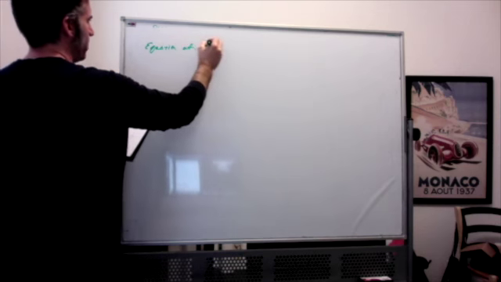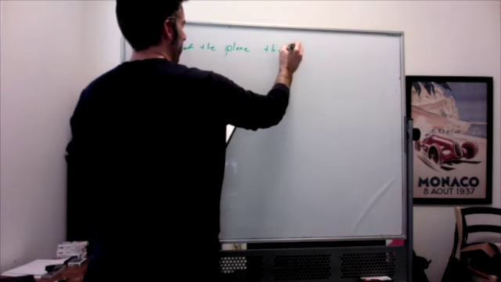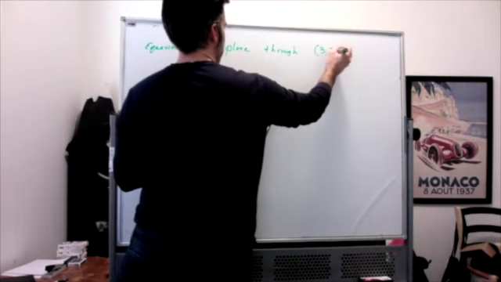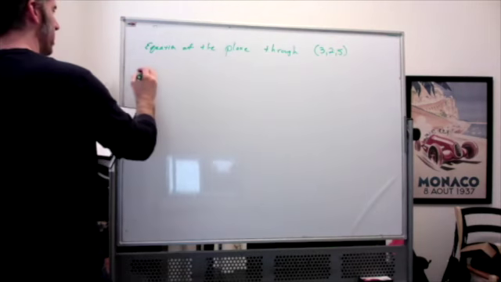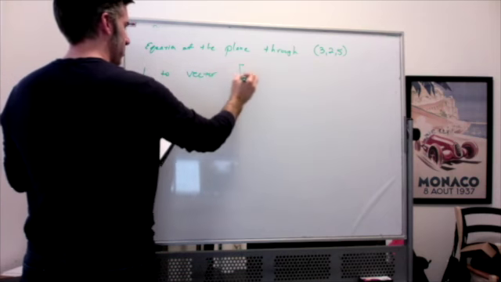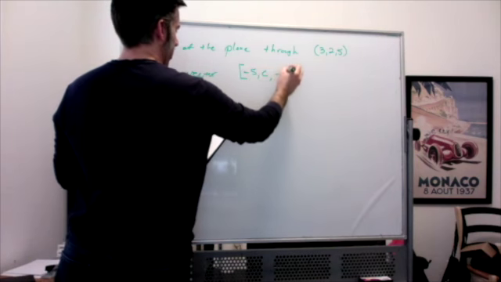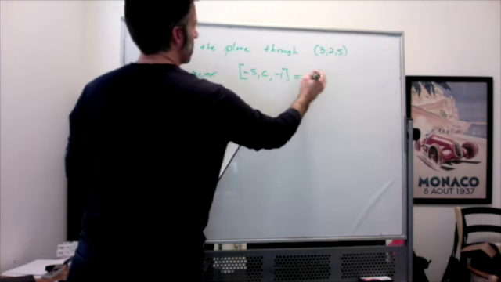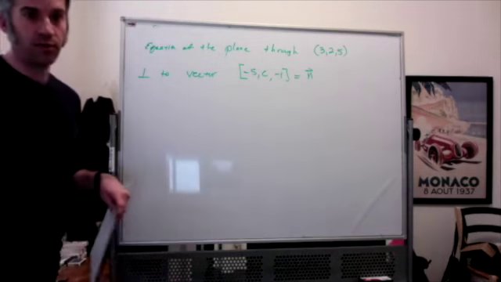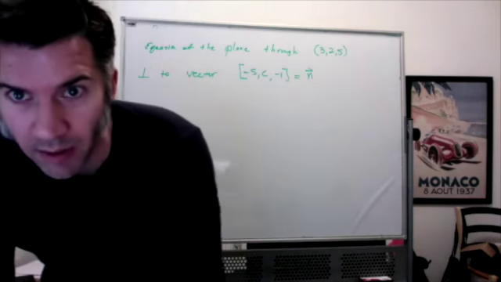So the question was to find, I believe, the equation of the plane through the point 3, 2, 5 and perpendicular to the vector, let's give it the name n, -5, 6, -1, because that's typically what we call a perpendicular normal vector. Does this look familiar, or am I off? Am I losing it somehow?